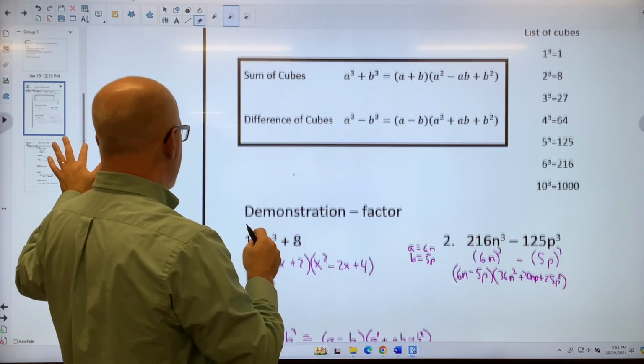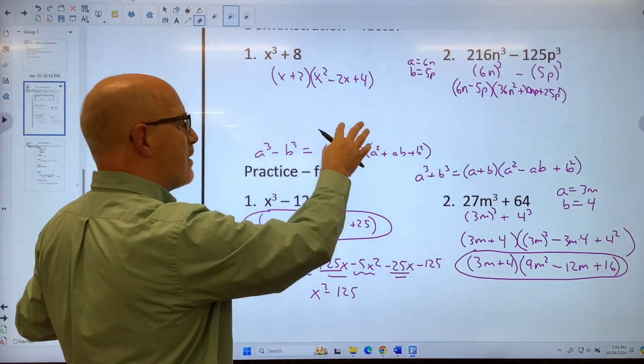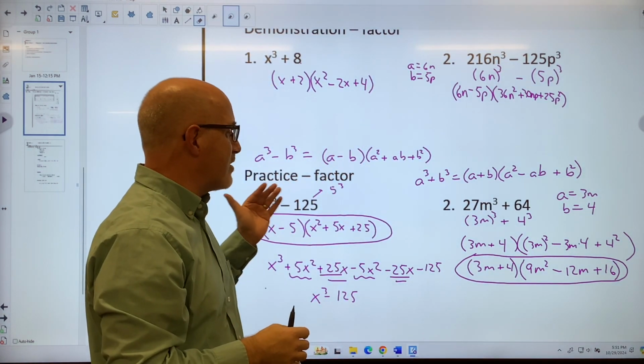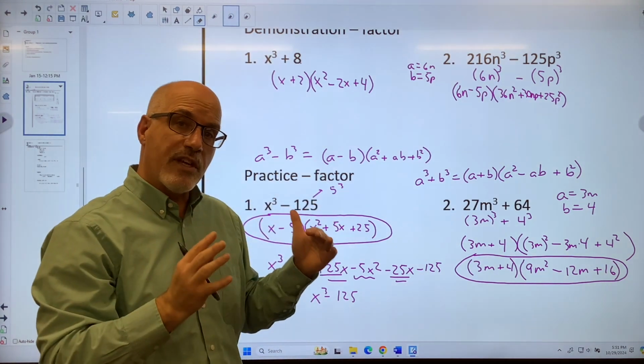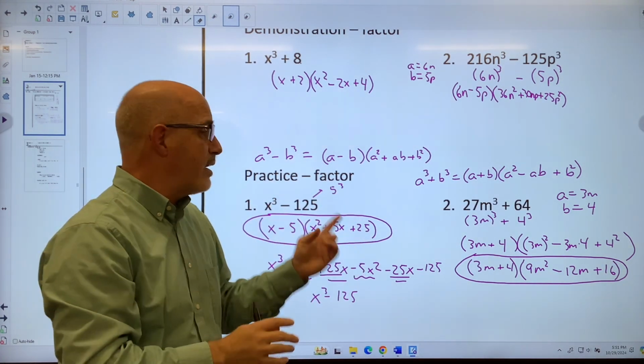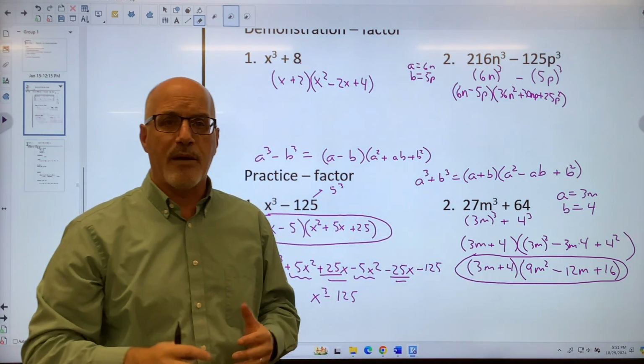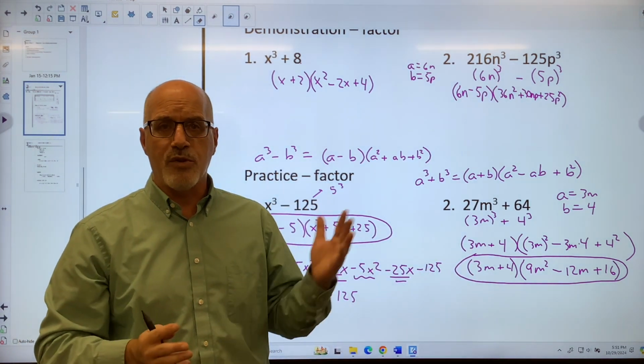And that leads us to be able to take these very complicated looking polynomials and factor them, because they're two terms, they're perfect cubes for the first term and the second one, and there's a difference or a sum in the middle between them. So then we can factor them using the pattern.